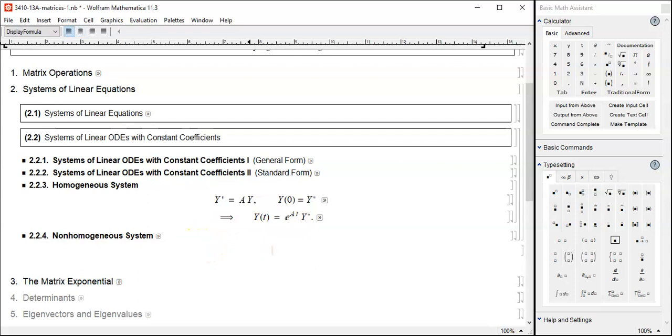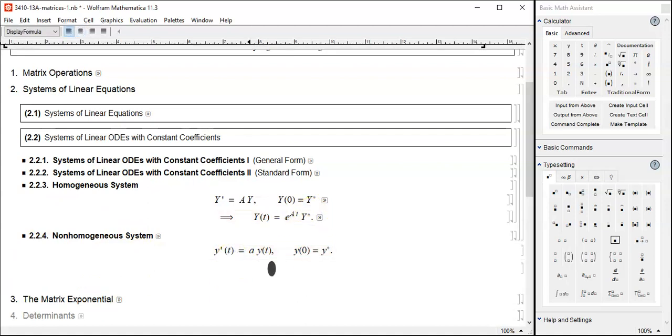What am I talking about? Let's suppose we have this in the one-dimensional case. Let's suppose we have something like this. It's an initial value problem. How would you handle that? Well, if you use separation of variables, you can actually get there. Let's see.